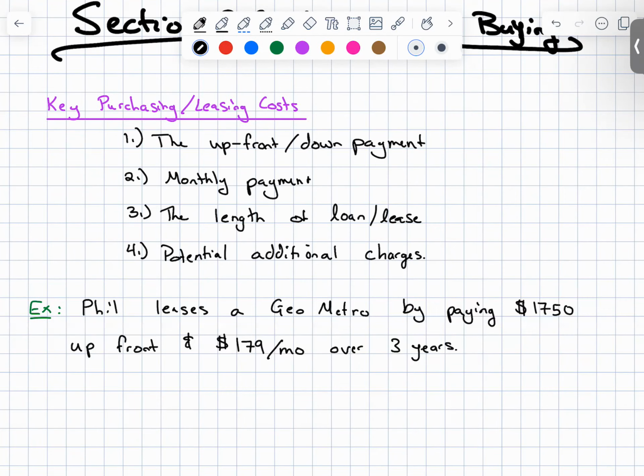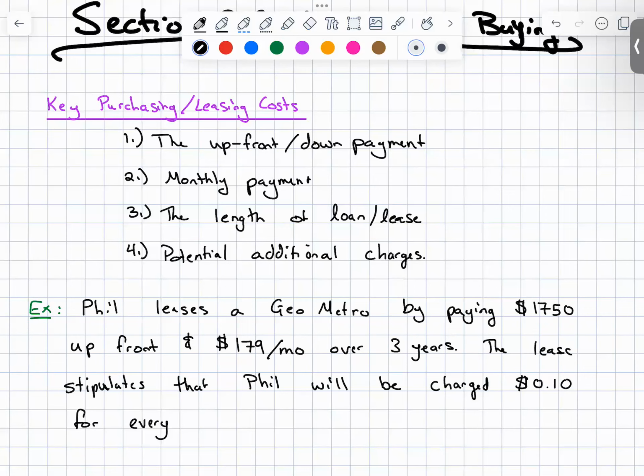Now there's an additional stipulation. The lease stipulates that Phil will be charged $0.10 for every mile over 40,000.